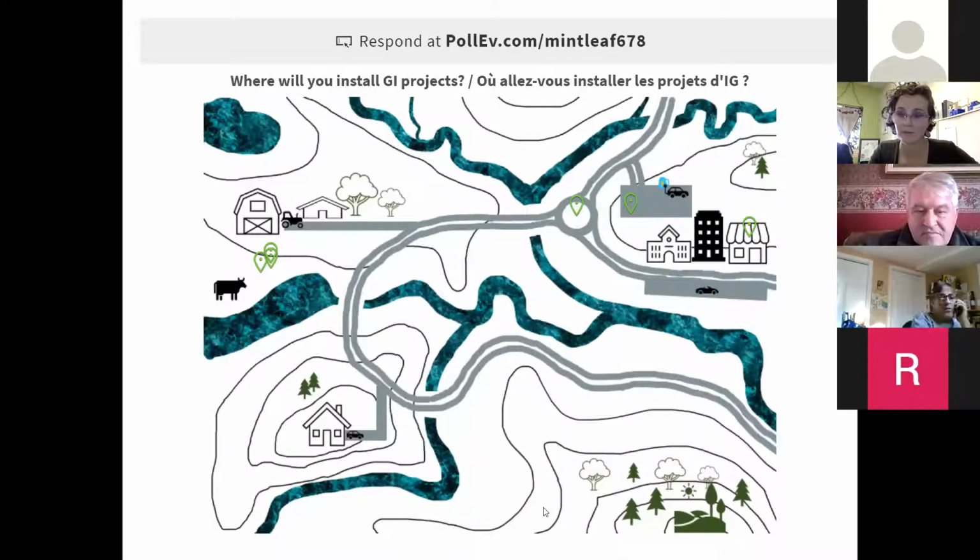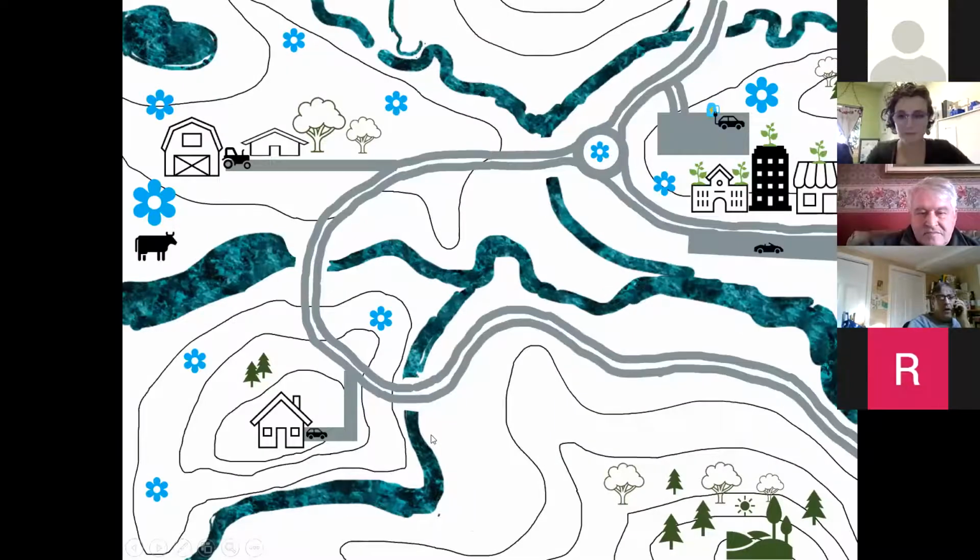Okay, so I don't think there are any more questions. So I'm going to move to the next slide. Thank you everyone for your participation. These are just recommendations that I had for rain gardens, the flowers in blue, and some green roofs on rooftops that don't have a very steep slope.